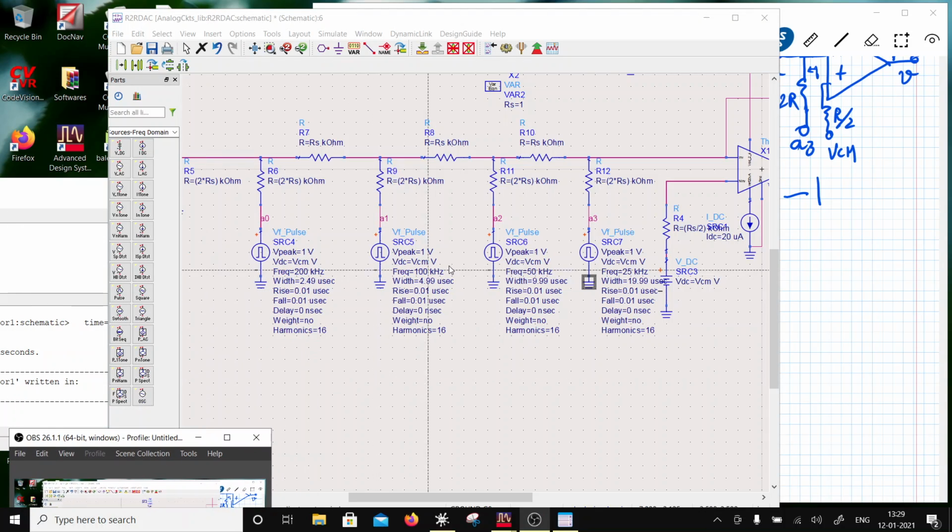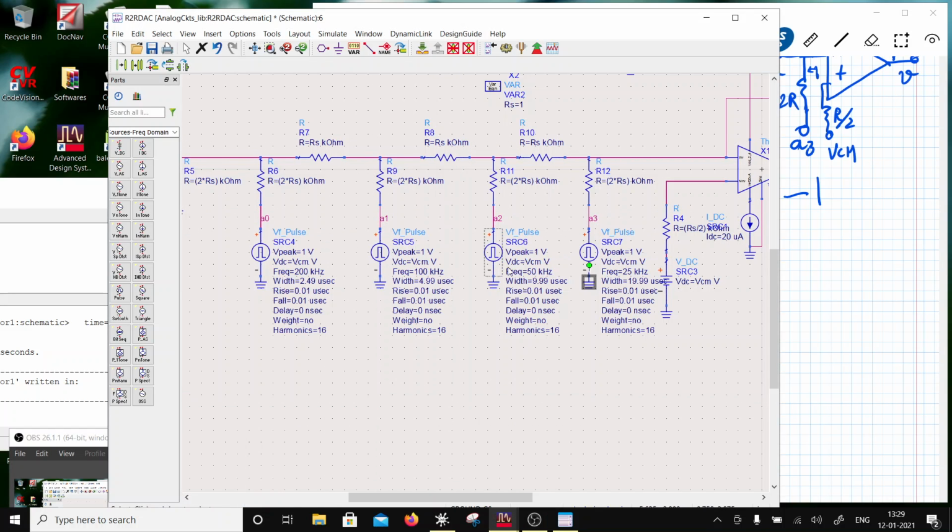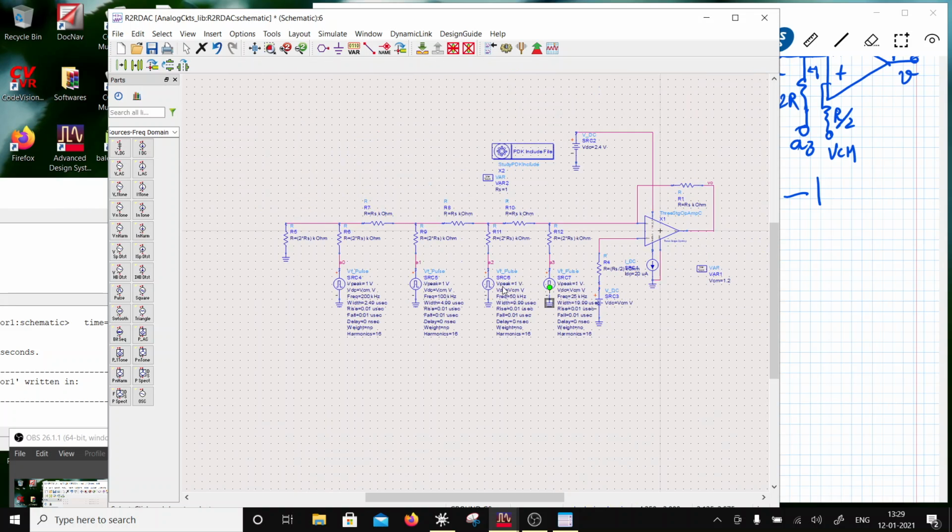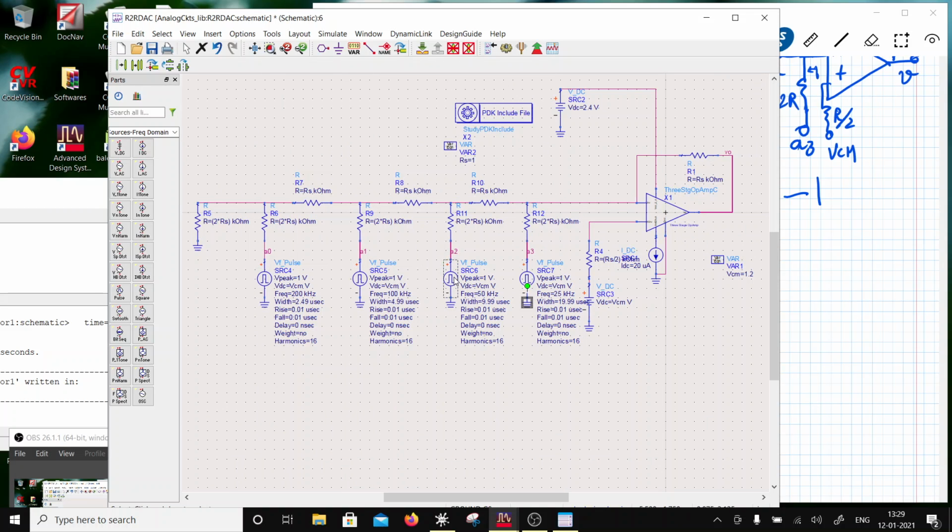Okay. So having done that, I am set with the simulations, right? Let's see. Everything looks okay to me. So these are all 2Rs, and this is all R. So when I reach here, it will be R, and this feeding into R kilo ohms, and this is going to be R by 2. That's fine.